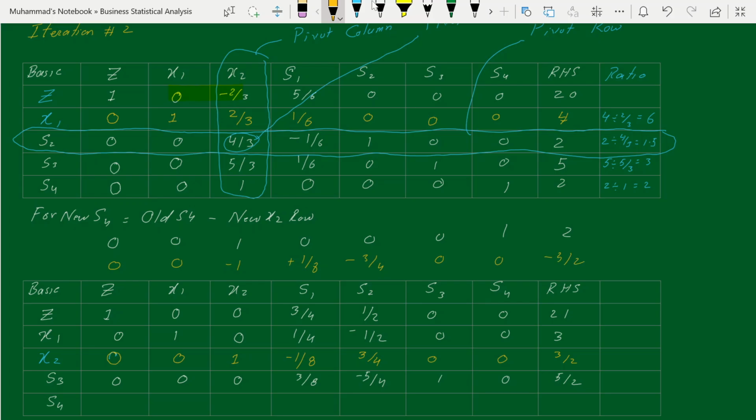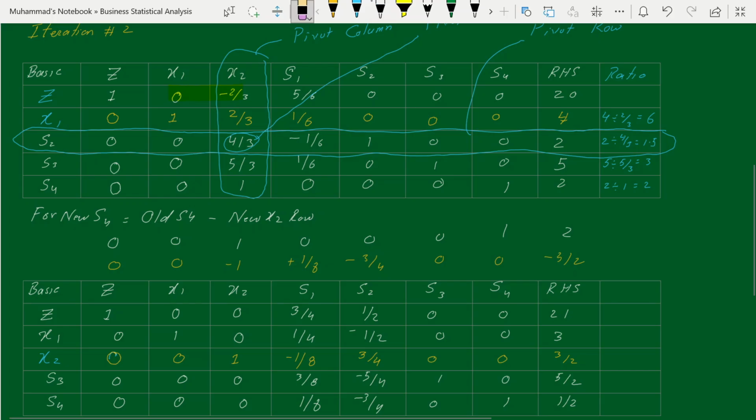If we solve it, we get the new row for S4: 0, 0, 0, 1 by 8, and 3 by 4, 0, 1, and 1 by 2.